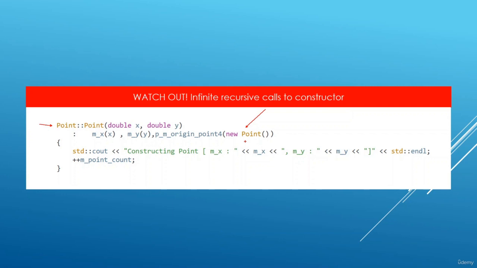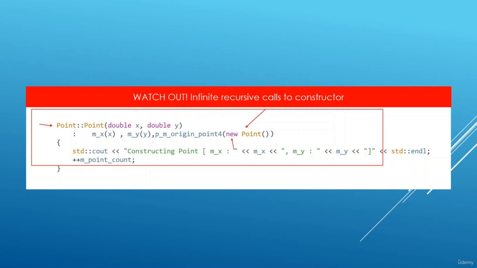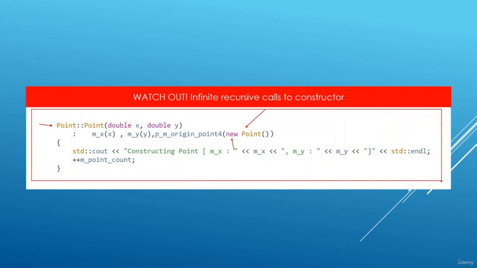So what this is going to do is really set up a chain of recursive calls to the constructor for point, and it will keep calling itself, for example, billions of times, and at some point you're going to run out of heap memory and your program is going to crash. Please note that C++ is not going to protect you from this, or I should say C++ compilers are not going to protect you from this.